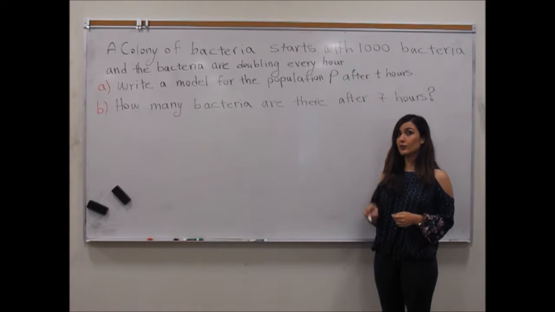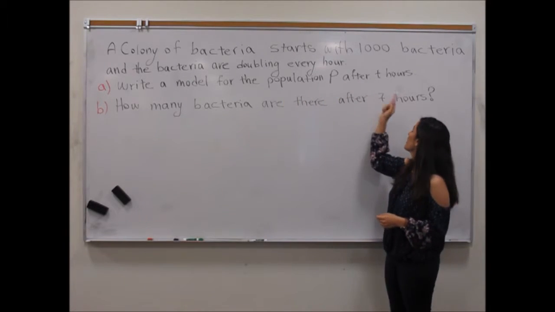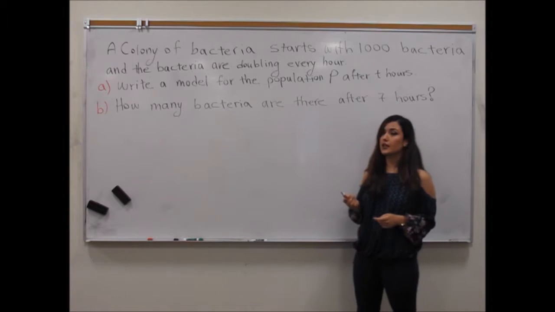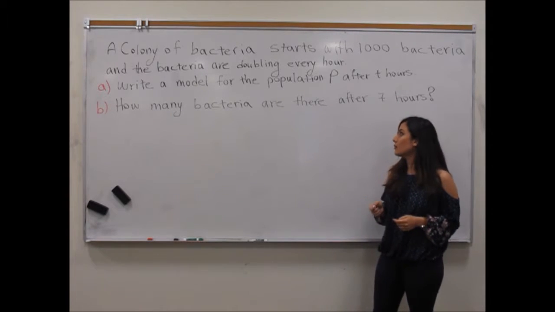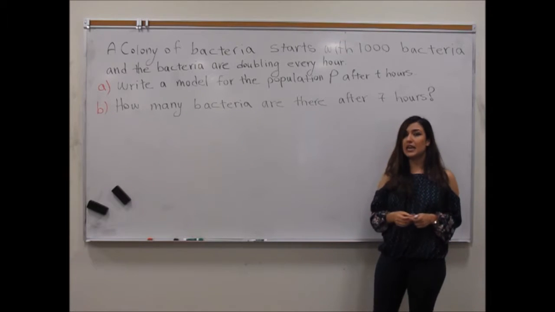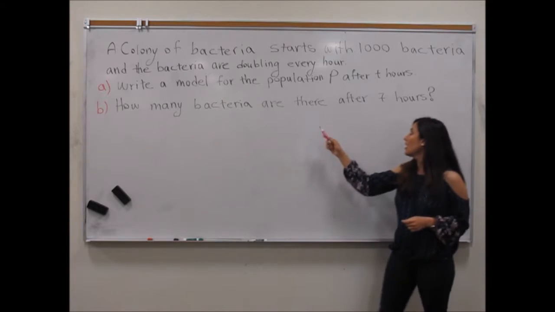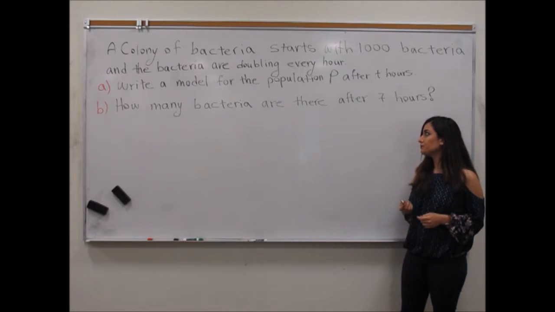Alright, so here's our first example. A colony of bacteria starts with 1,000 bacteria, and the bacteria are doubling every hour. Part A, write a model for the population P after t hours, and part B, how many bacteria are there after 7 hours.